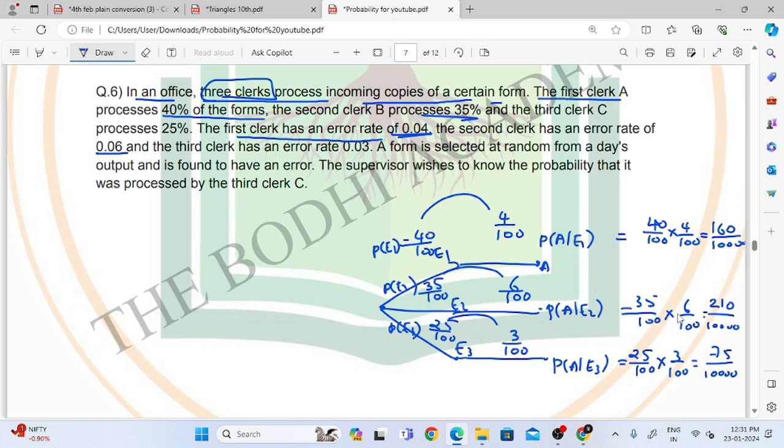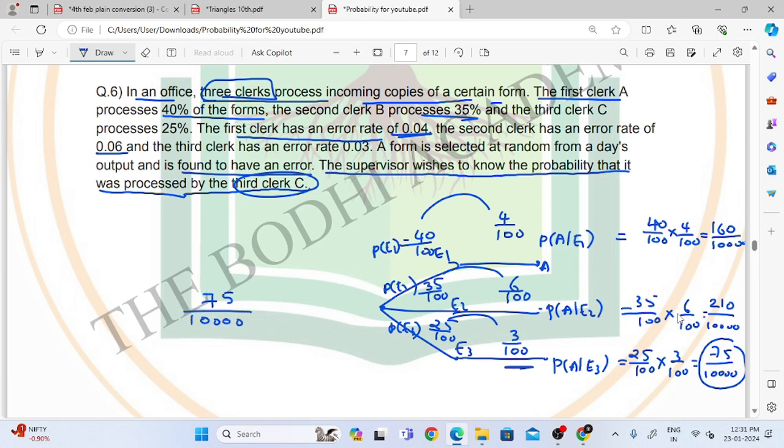Now the question is, it is found that it had an error. The supervisor wishes to know the probability that it was processed by the third clerk. Third clerk means this one. So what is the answer for the third clerk? 75 upon 10,000 divided by, in the denominator, the total of all this, that means 160 plus 210 plus 75, over 10,000.